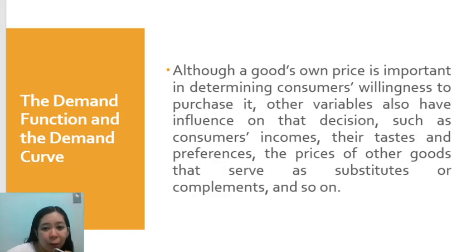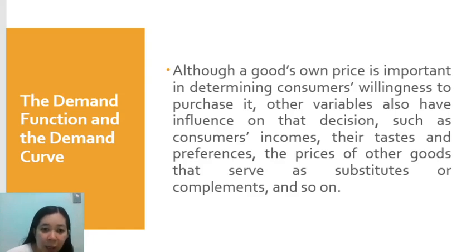So although the good's price is important in determining the willingness of the buyers in purchasing, there are also other variables that influence their decision. This includes their income, their tastes and preferences, the prices of other goods such as substitutes or complements, and so on.